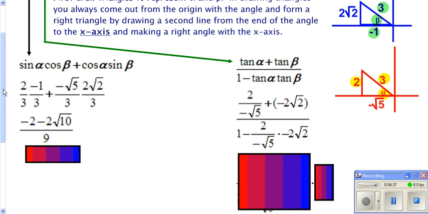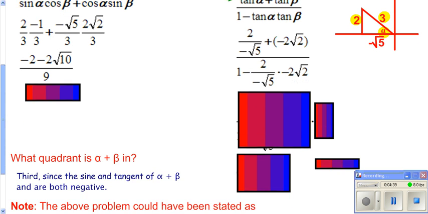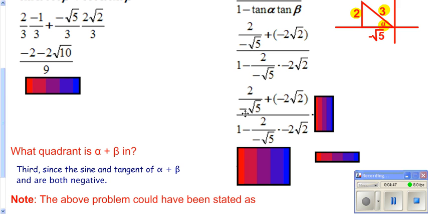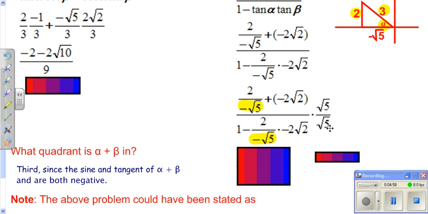Now all we have to do is simplify this. If we take our original, we want to eliminate the fractions within a fraction. So let's multiply the top and the bottom by that common denominator, our root 5.